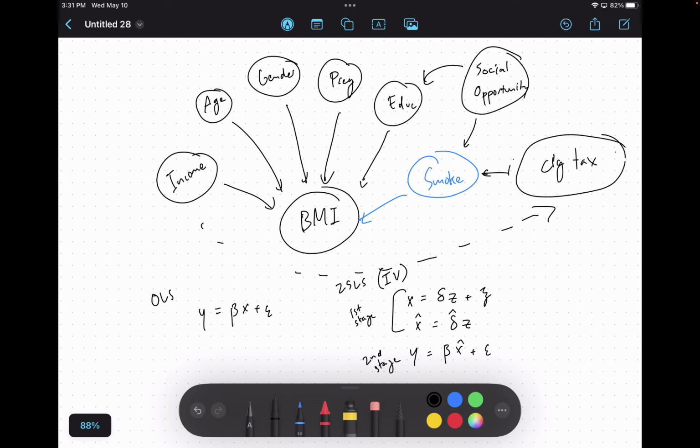No, I see what you're saying. So what you're saying is, what if there is a relationship, but it's really weak? Does that support the strong relationship between cigarette tax and smoke?